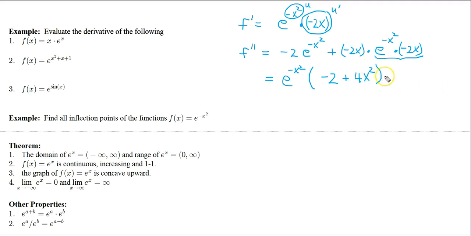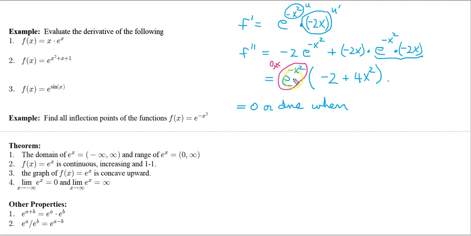like that. Now, we want to find where the second derivative is 0 or does not exist. Now, this term right here, e to the negative x squared, that is never equal to 0. The exponential function, if you think back to its graph that we looked at before, it never crosses the x-axis. So this is never 0.